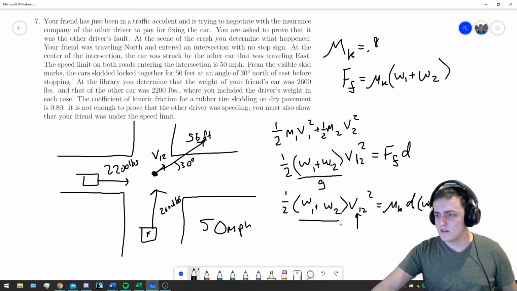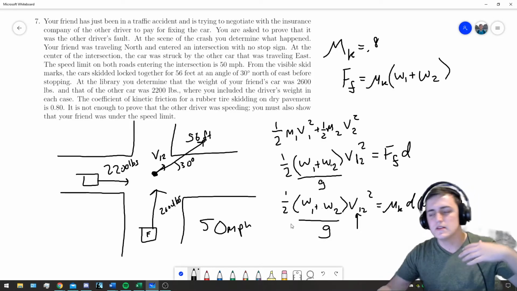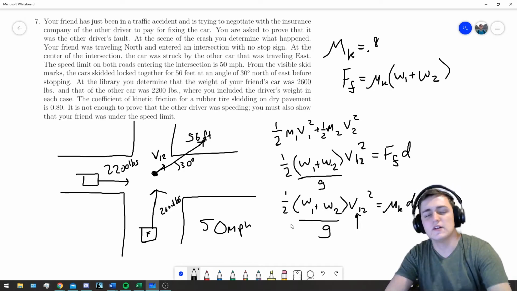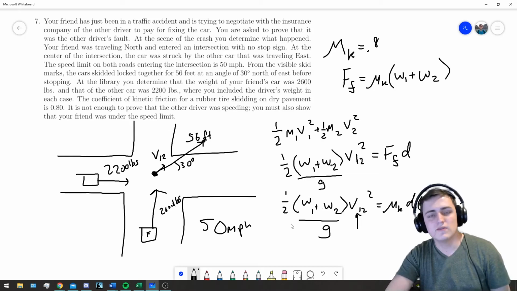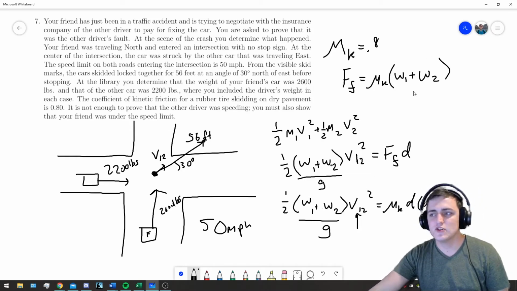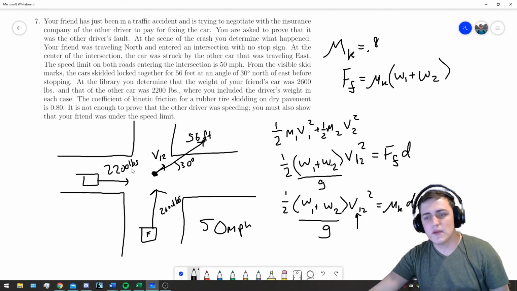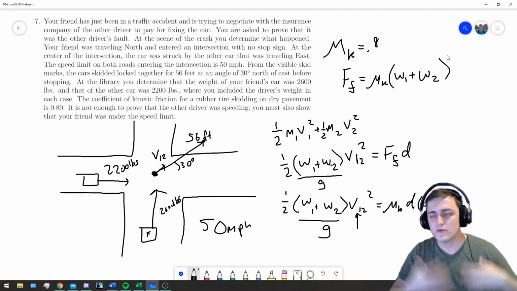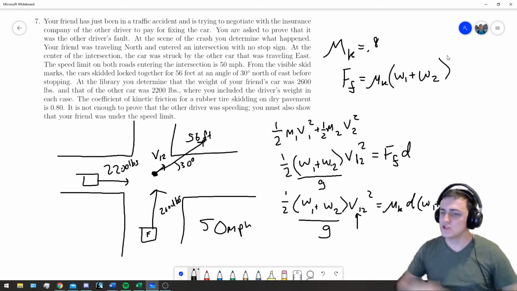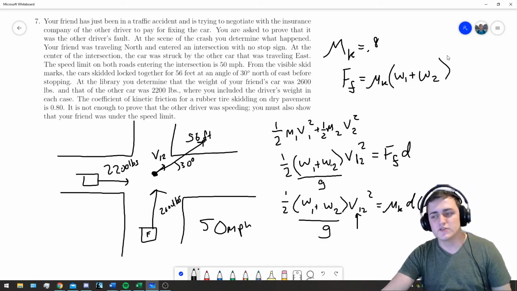We couldn't. And so in the kinetic energy equation, we're looking at 1/2 mass times velocity squared. The mass is weight divided by gravity. When we look at the friction force, we're looking at the normal force, and forces in pounds. Pounds is a force. It's the weight. The weight is the force of gravity. So when we look at our friction force, we are looking at just 2200 plus 2600.